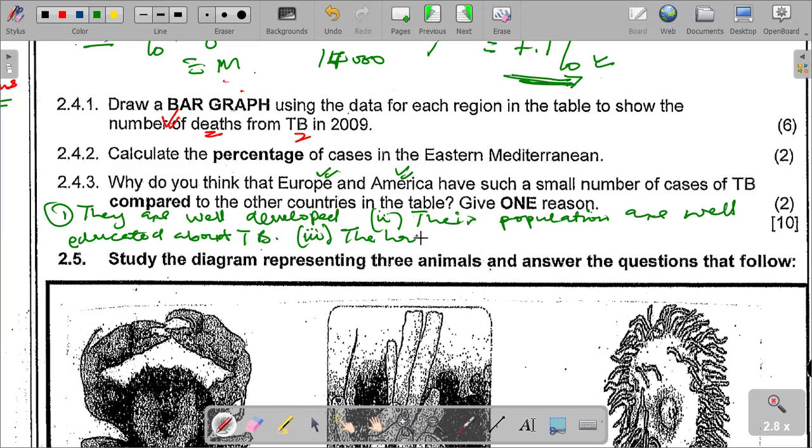They have well-developed health facilities and infrastructure, which can also reduce the chances of people having the disease.